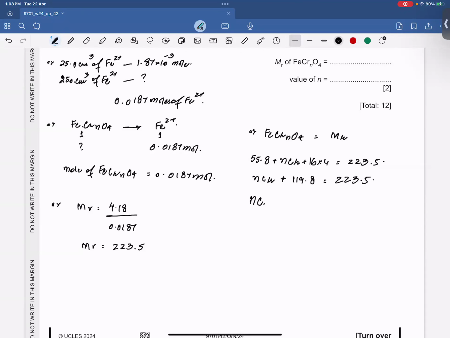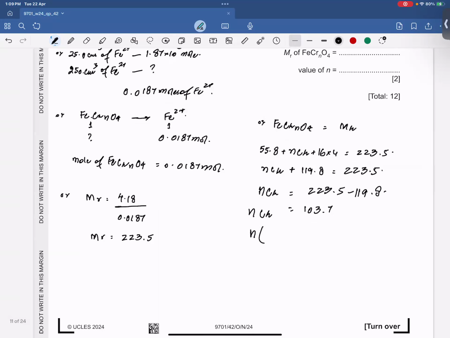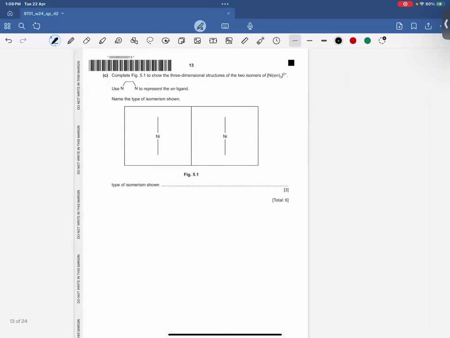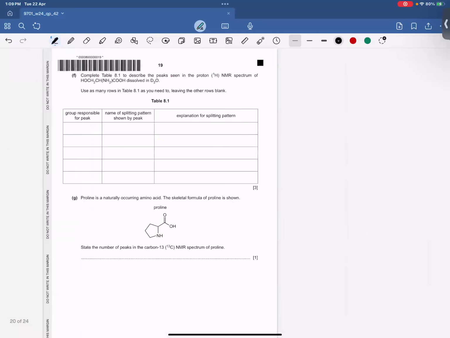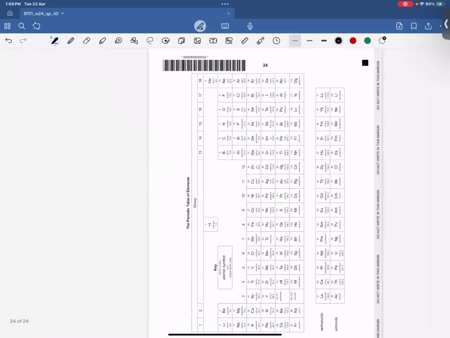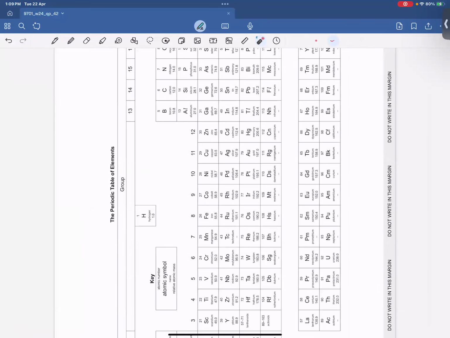So n chromium equals 223.5 minus 119.8, which gives 103.7. Now chromium has a mass of how much? I think it's 52. Let me check again. Chromium has a mass of 52 exactly. Okay.